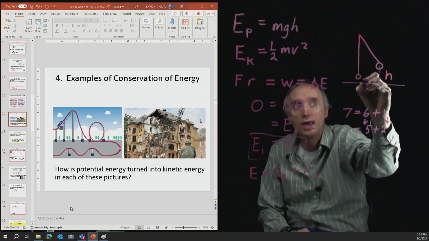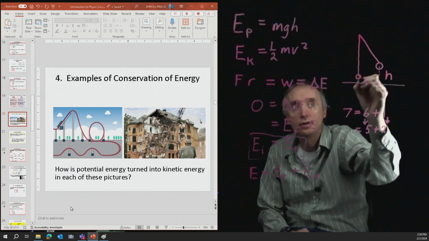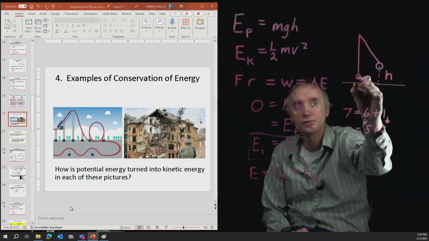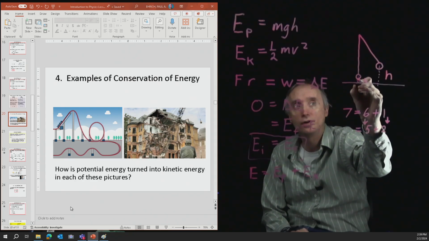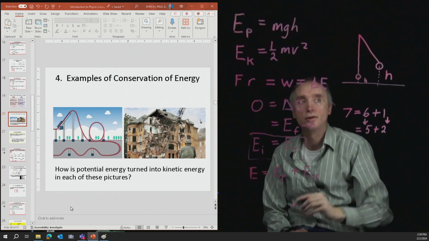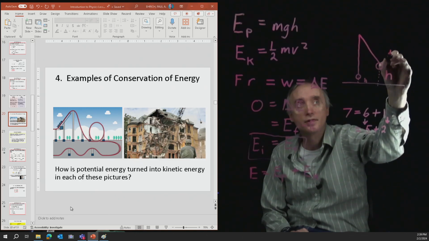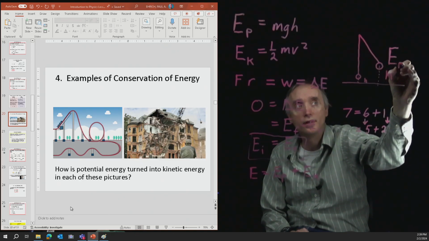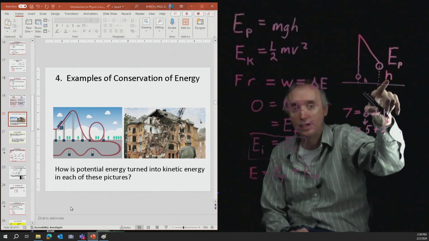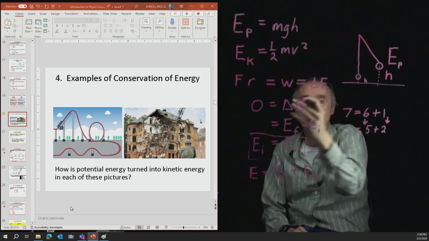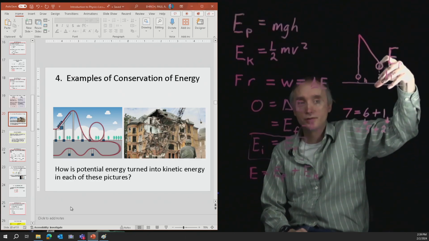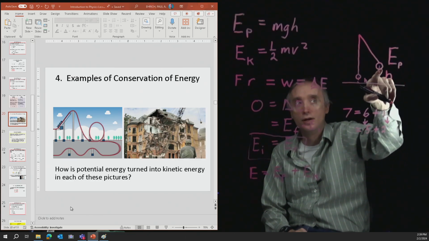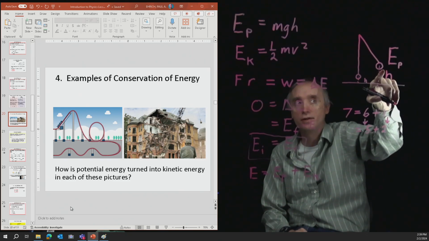And notice the h has done what? The h got smaller. So it's a smaller distance from here down to here. So what does that tell you? Over here, it has a lot of potential energy because it has a lot of h. When it's all the way out, is it moving? No. So it has 0 kinetic energy when it's out here.